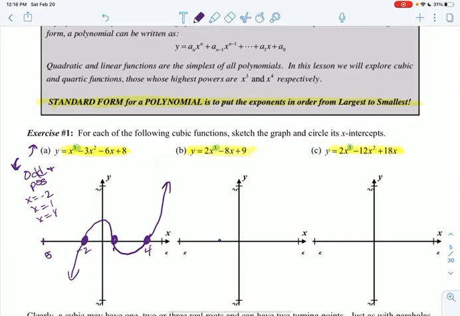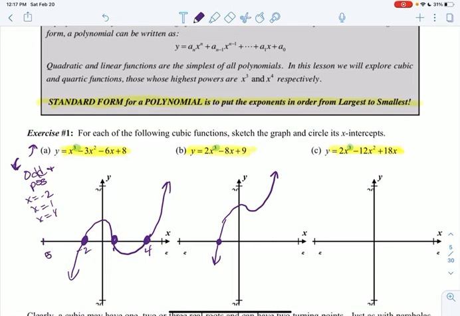Again, it's odd and positive, and if you graph this you can see it has just that one root going this way, and then it does something little like that in the middle.